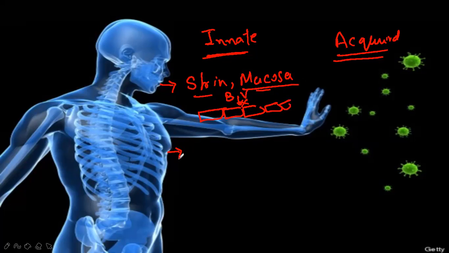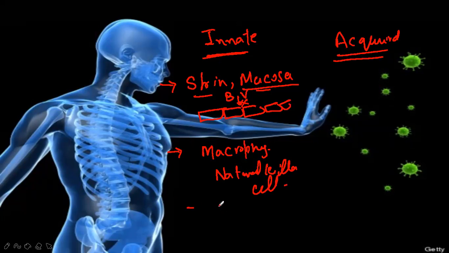Second, the cell components in innate immunity. In innate immunity, we have macrophages. Innate immunity also has natural killer cells.